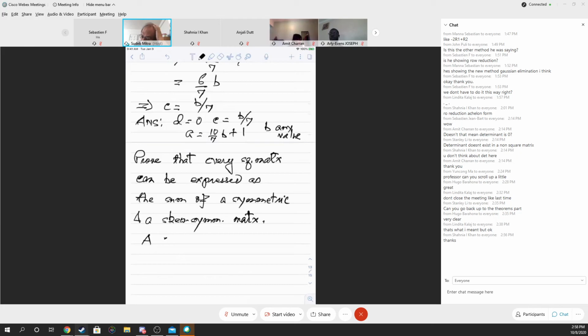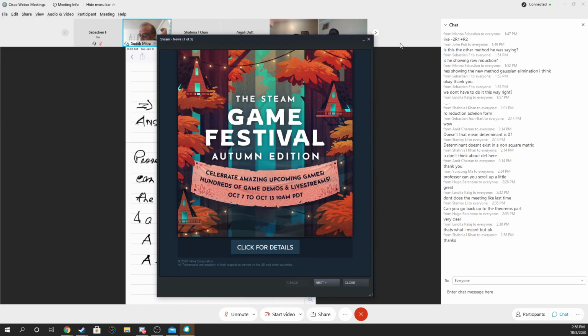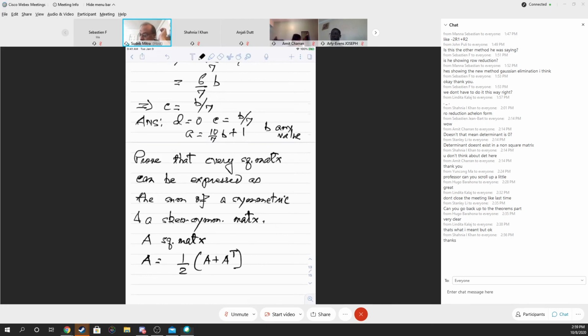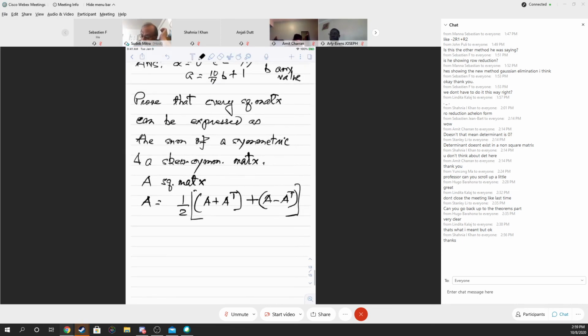So A is a square matrix. I can write A to be A half, A plus A transpose, plus A minus A transpose. So A plus A transpose is symmetric because the transpose of A plus A transpose is A transpose plus A transpose transpose, that is A. So that's the same.